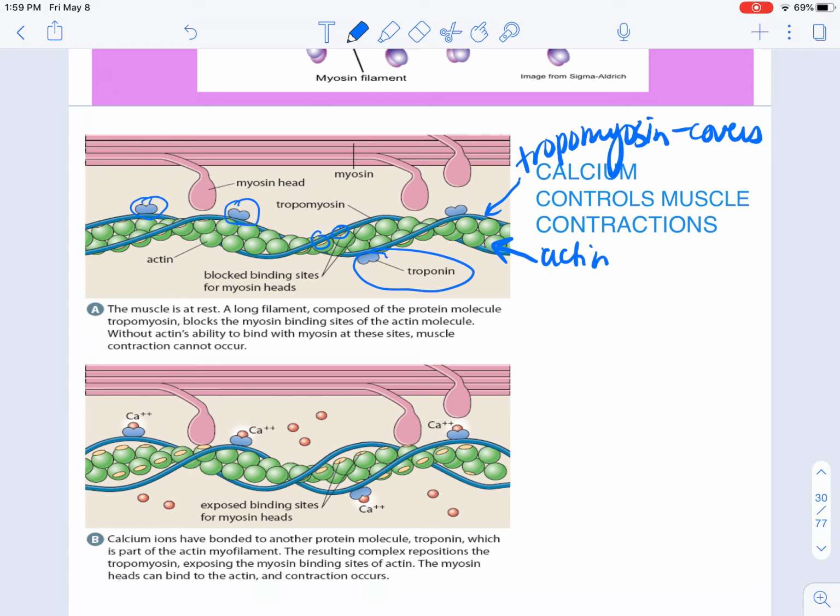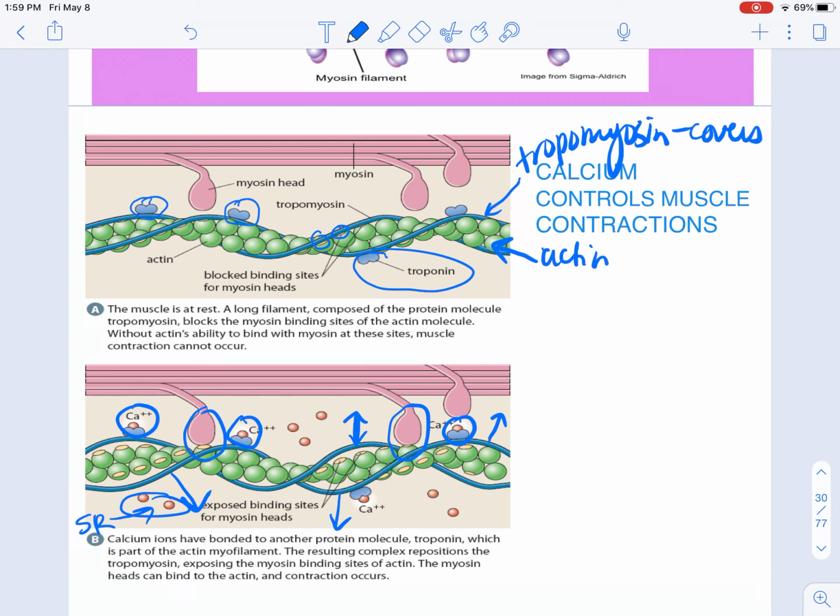The calcium will get released out of the SR, the sarcoplasmic reticulum channels in the muscle cells. The calcium then will bind to the troponin. And when it does that, the tropomyosin unclicks and moves away from those binding spots. Now you can see the myosin heads can bind to the binding spots, and they're going to crank and pull, because they naturally will flex and pull.